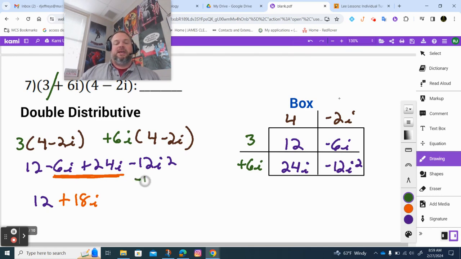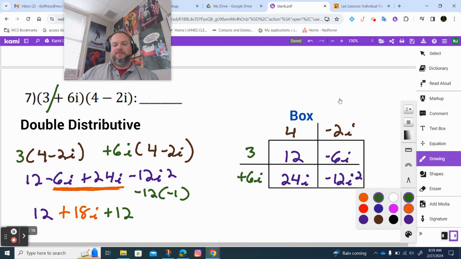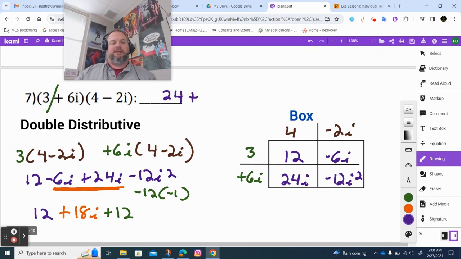This becomes negative 12 times negative 1, which is now what? Yes. And then we add them together. We get 24 plus 18i.